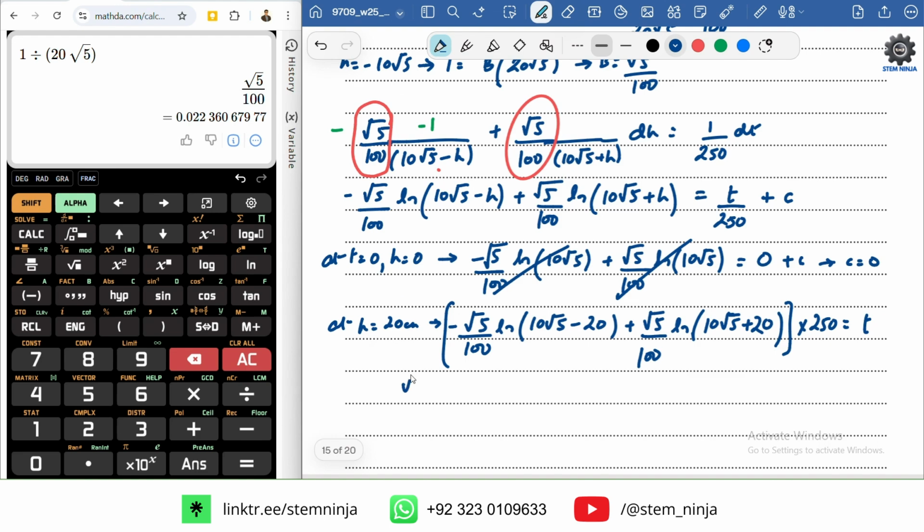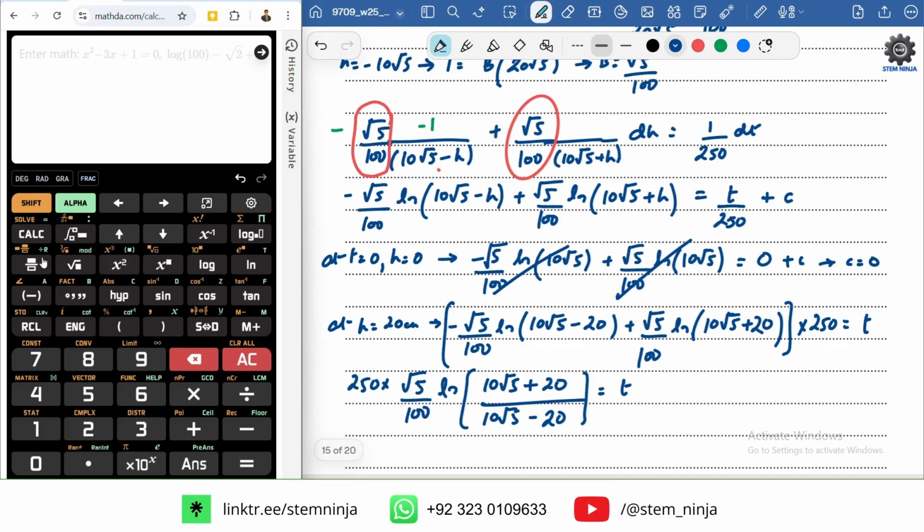Okay, alright, so let's calculate this. So you can simplify this one as root 5 over 100 ln of 10 root 5 plus 20 over 10 root 5 minus 20, and times by 250 equals to t. So we just need to plug it into the calculator because I don't think this can simplify like that. Square root 5 divided by 100.